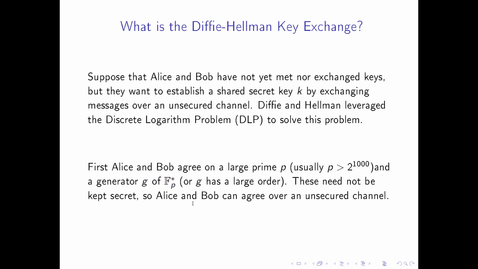Wait a minute. So I just created a really, really big prime number, telling everybody about my prime number. I'm telling everyone about my generator. And then this is what we're going to do. I'm going to go to the next slide because these are really long steps.